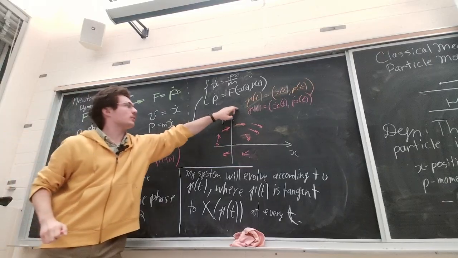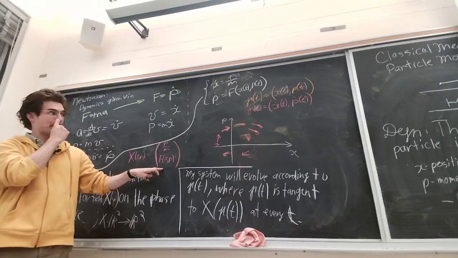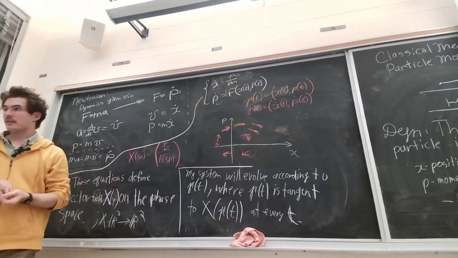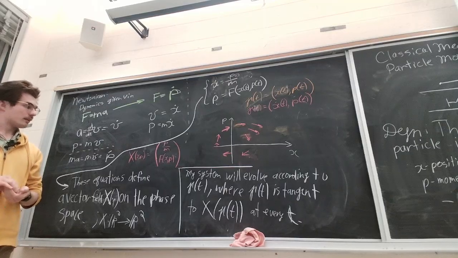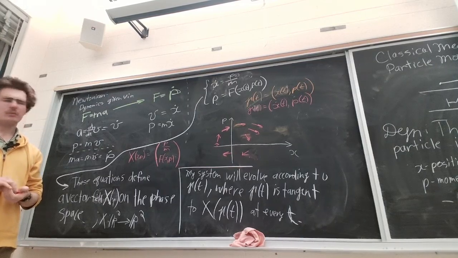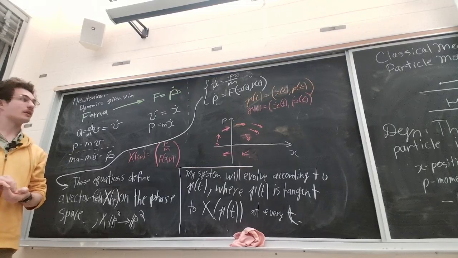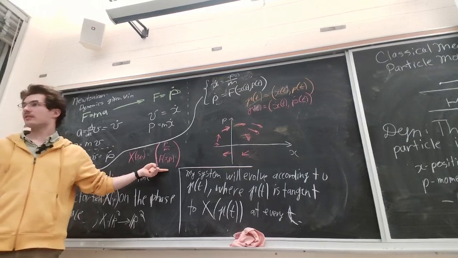And gamma has to be always tangent to this vector field, because, well, that's what F equals ma tells me. Do you agree with this? Yes. Gamma has to be tangent, meaning that gamma dot has to be equal to this.